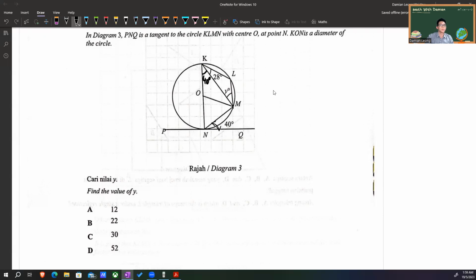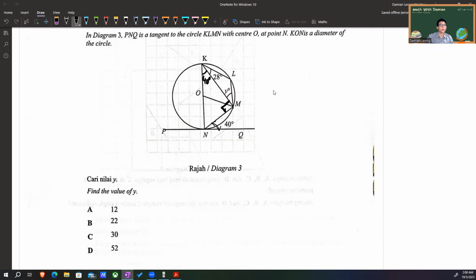Then here would be 90 degrees because this is diameter. Opposite of diameter forming a triangle like this, it will be 90 degrees. So I can compare 40, 28, Y and the 90 here.